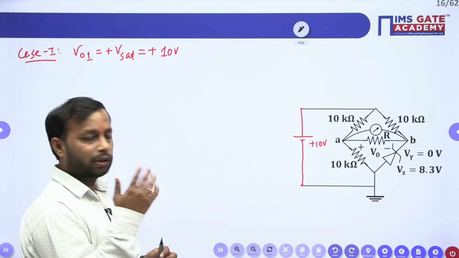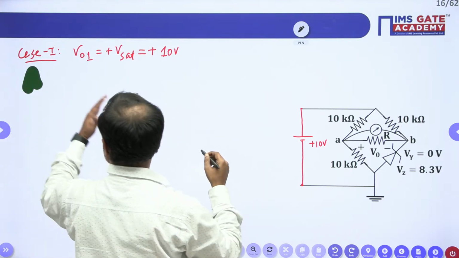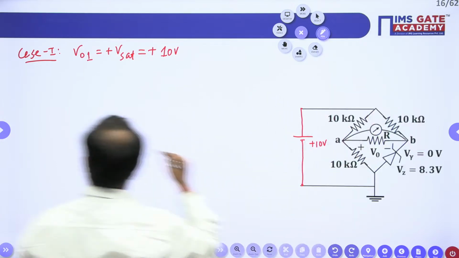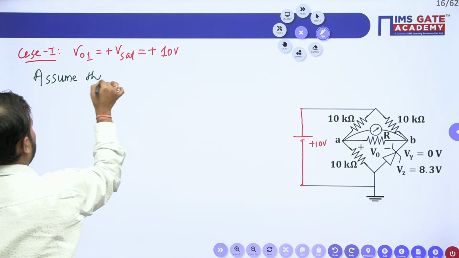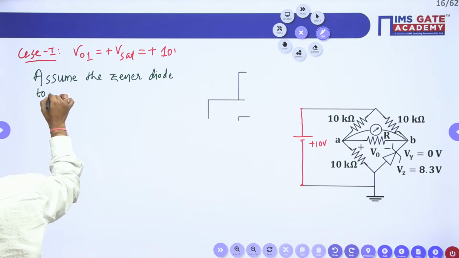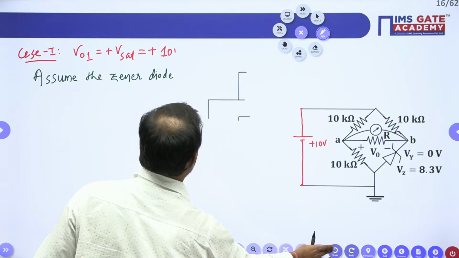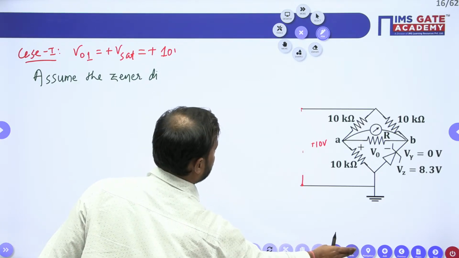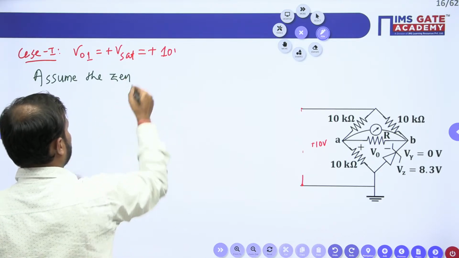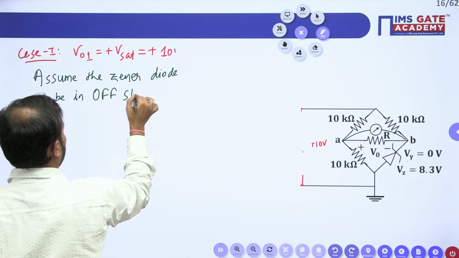Now everybody look at the board very carefully. What I will do, I will assume this Zener diode to be in off state.